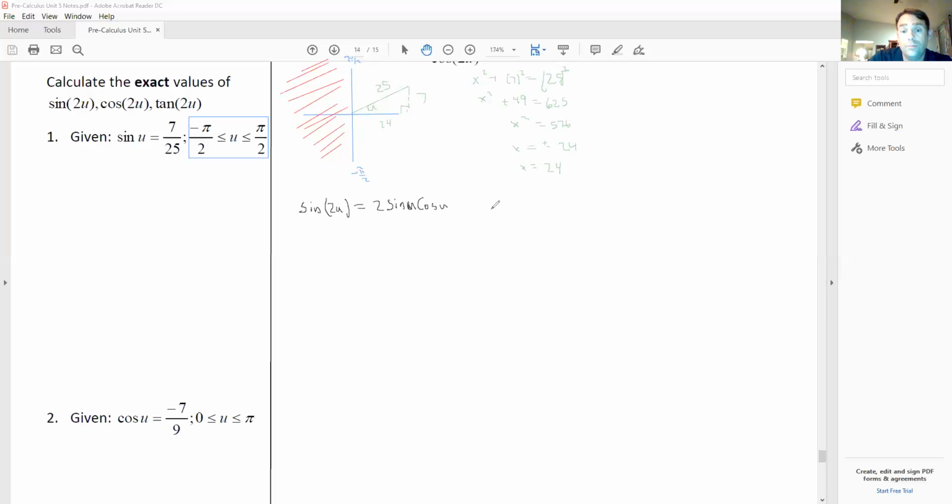Cosine 2u will be cosine squared u minus sine squared u. And tan 2u is going to be 2 tan u over 1 minus tan squared u.